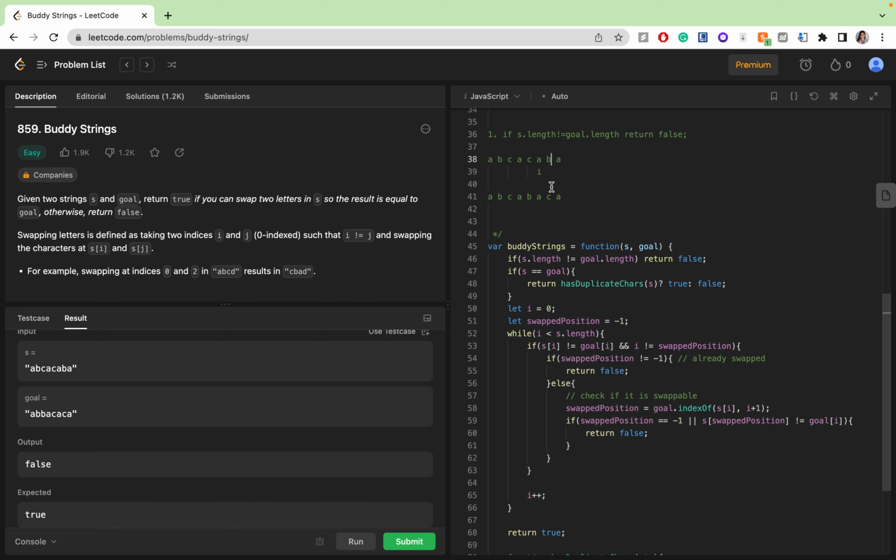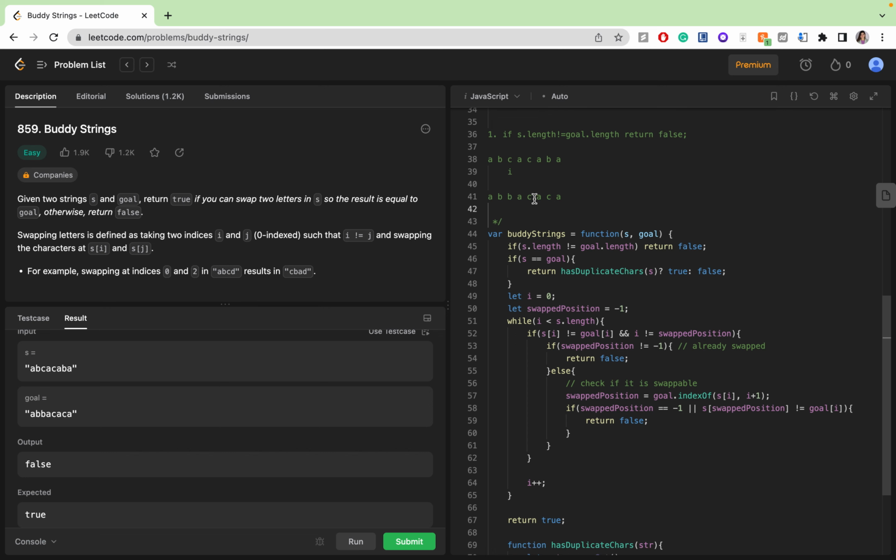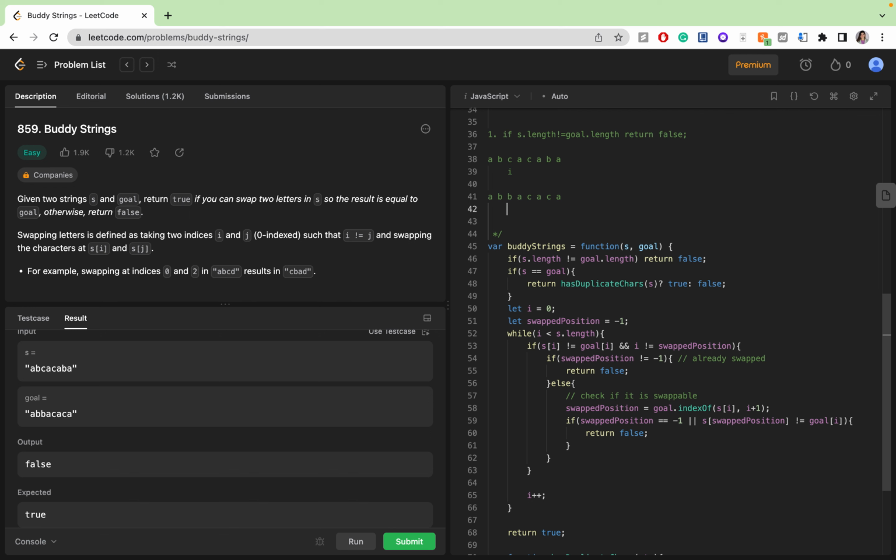This is AA and this is BC. I don't get why expected is true here, because here see C and B, right? So C and B, they are not equal.